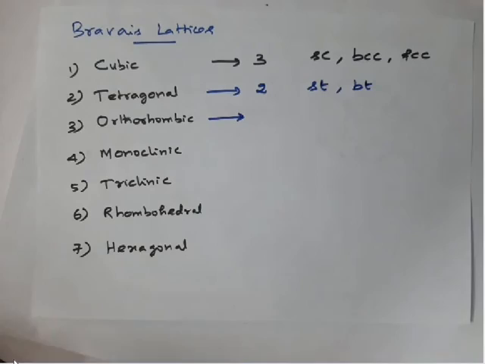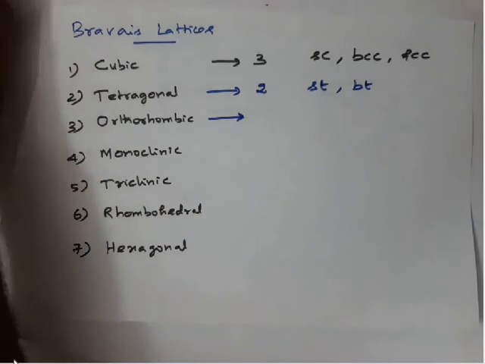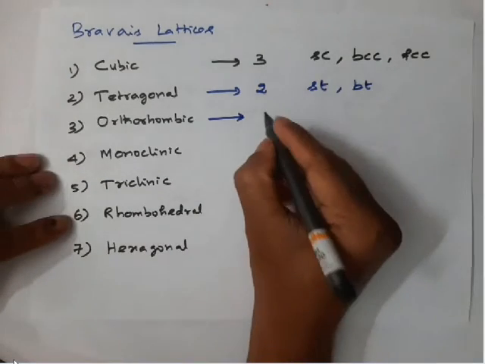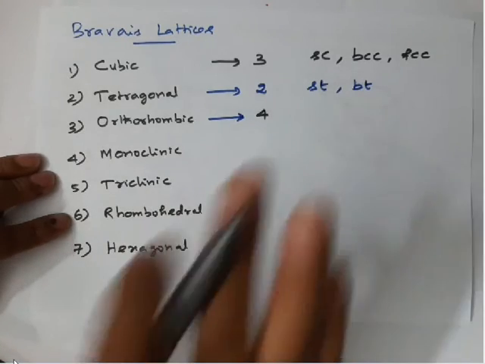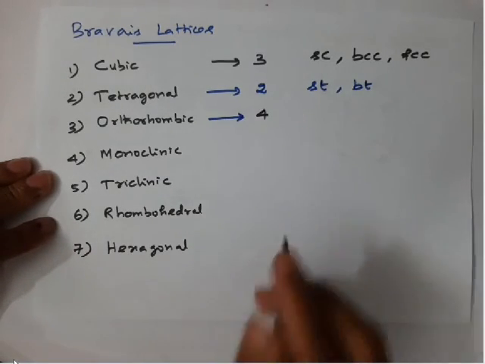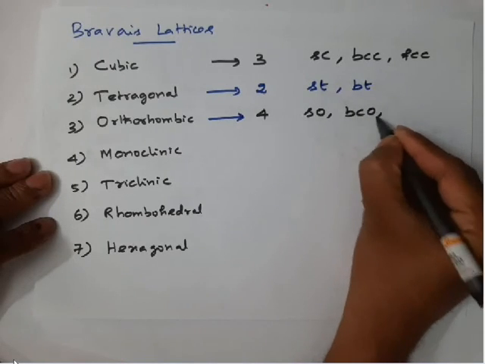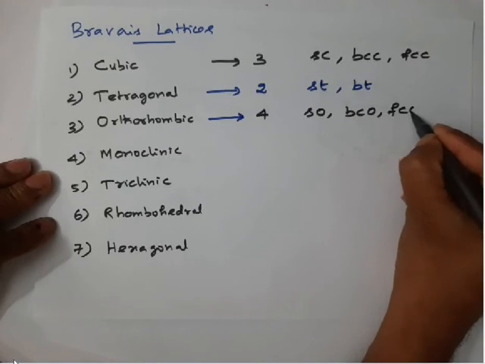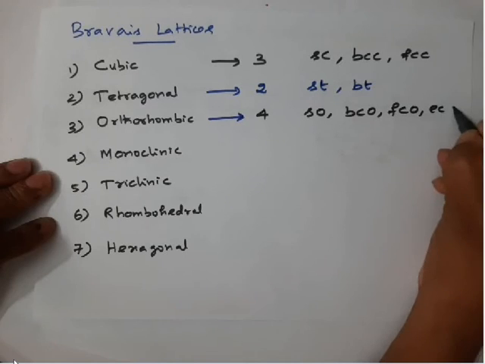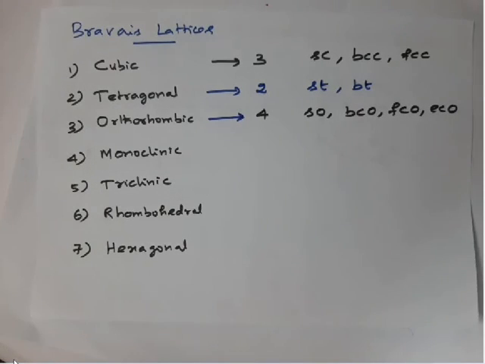In orthorhombic, all the 4 types exist: simple orthorhombic, body centered orthorhombic, face centered orthorhombic, and end centered orthorhombic unit cells.